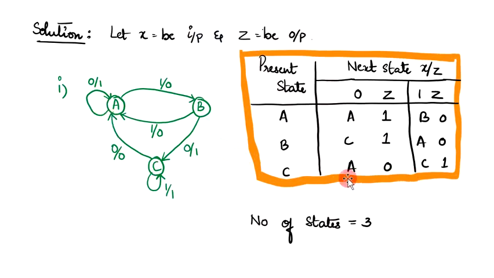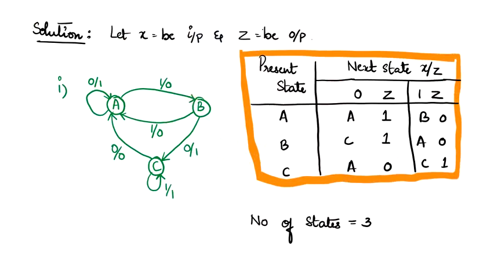You are in C, you've moved to itself with an output 1. So this is how we obtain the next state table for a given state diagram. So this is the state table for the first circuit.